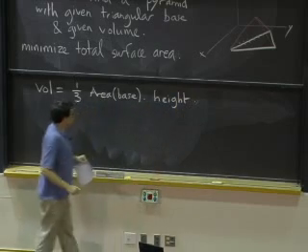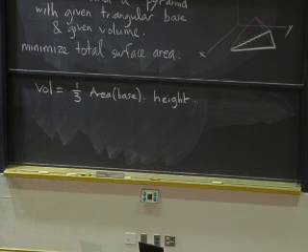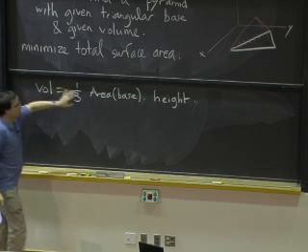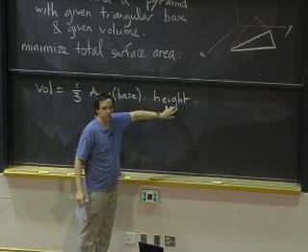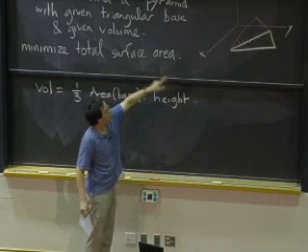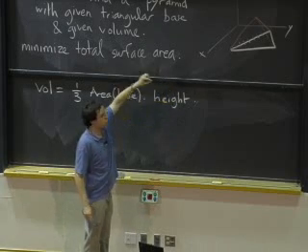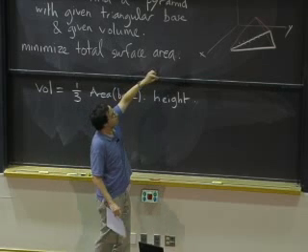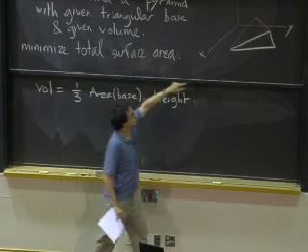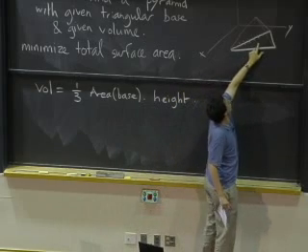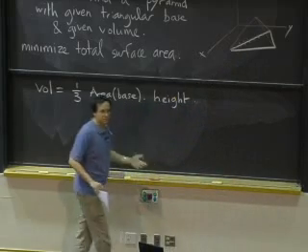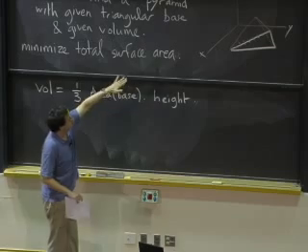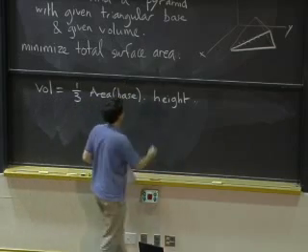So fixing the volume, knowing that we have fixed the area of the base, means that we're fixing the height of the pyramid. The height is completely fixed. What we have to choose is where to put that top point. Do we put it smack in the middle of the triangle, or to a side, or anywhere we want? But its z coordinate is fixed.